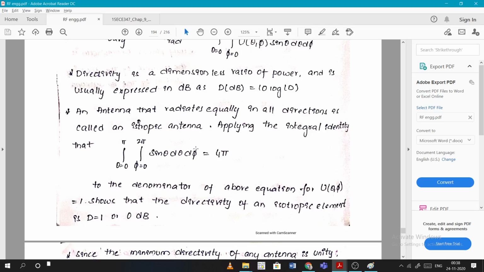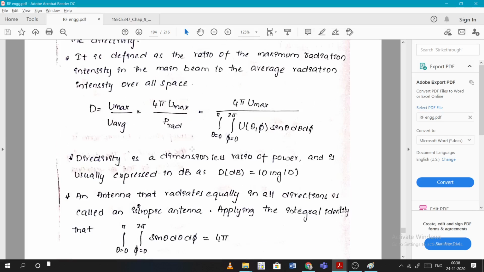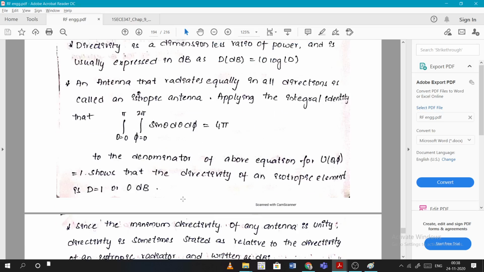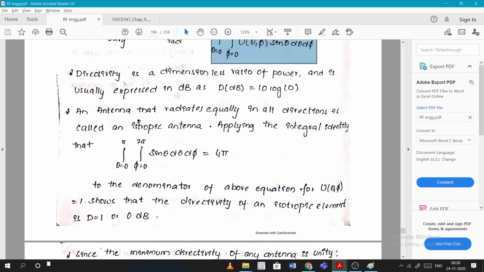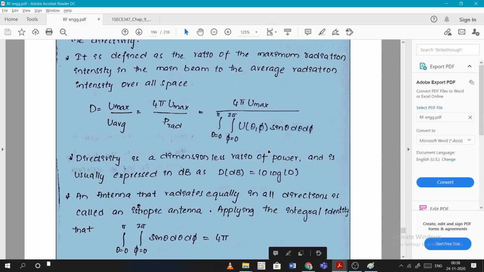So what happens here? We got D equal to this integral, where we got 4 pi. Substituting there, we show that the directivity of an isotropic element is D equal to 1, that is 0 dB.